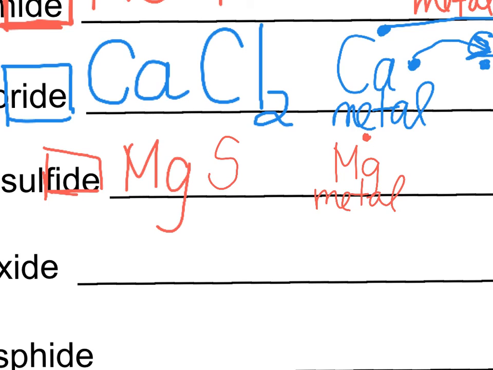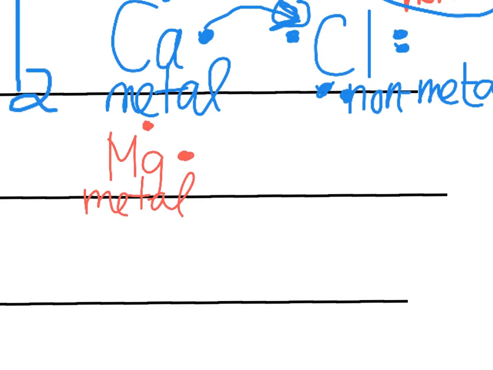Because they're in the same column, they have the same amount of valence electrons on the outside, so there's 2. Let us look for sulfur. Sulfur is in group 16, under the 16, and that means there's 6.